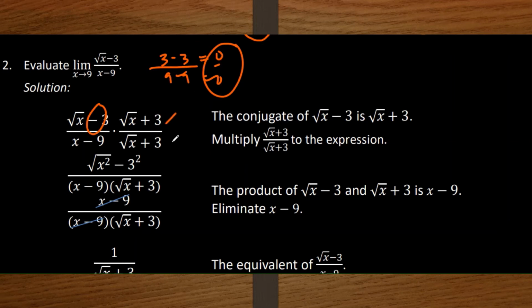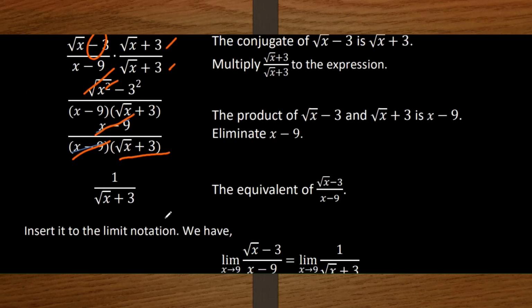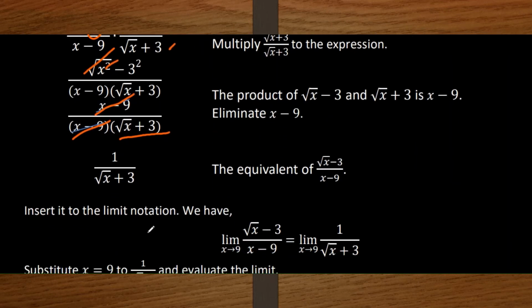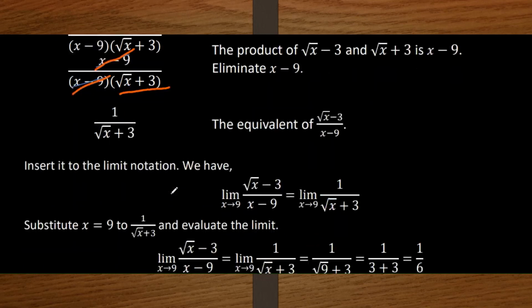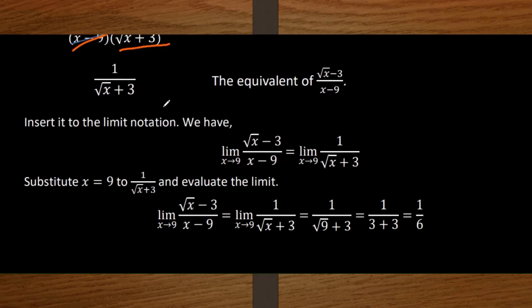Now, multiply that in the numerator and the denominator. So in the numerator, square root of x squared is x, and 3 squared is 9. Subtraction is retained. So you have x minus 9, cancel it out. So square root of x plus 3 will be left in the denominator. We now have the simplified form 1 over square root of x plus 3.